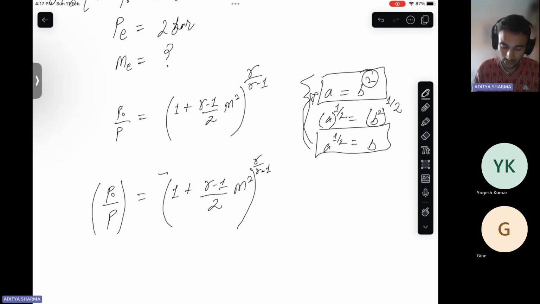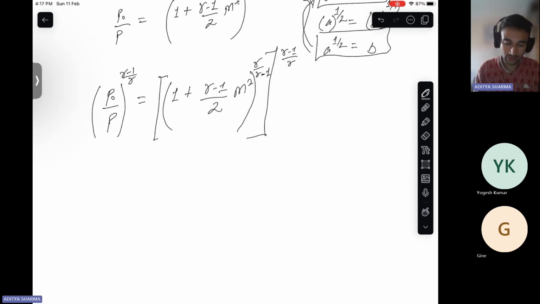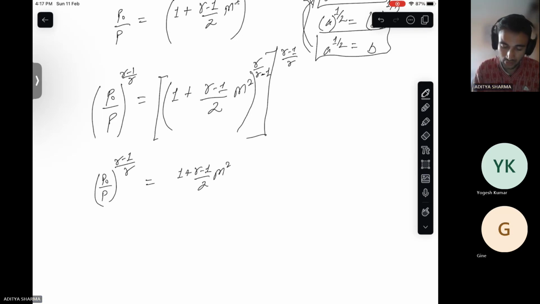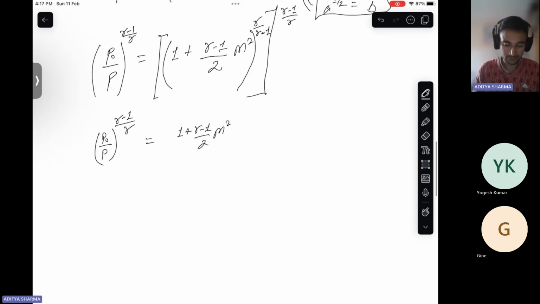So I'll multiply the whole thing by gamma minus 1 by gamma, and because I did this on the right hand side, the same has to be done on the left hand side. So this becomes (P naught by P) to the power gamma minus 1 by gamma equals 1 plus gamma minus 1 by 2 M squared.